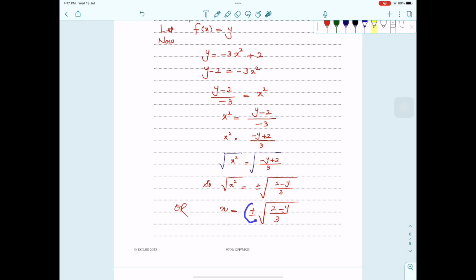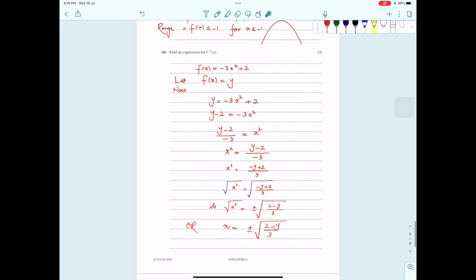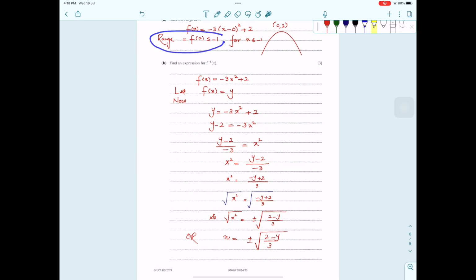Now we have to choose one sign. We can write plus or minus, and that sign depends on the domain and range. For example, if your range is less than or equal to minus 1, that means you are going to write negative sign here.